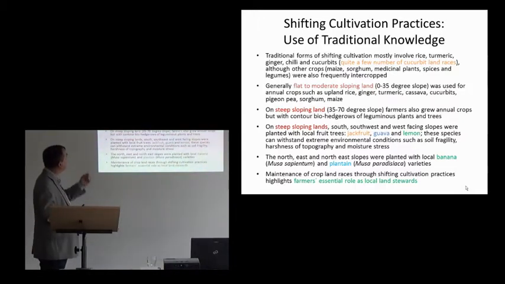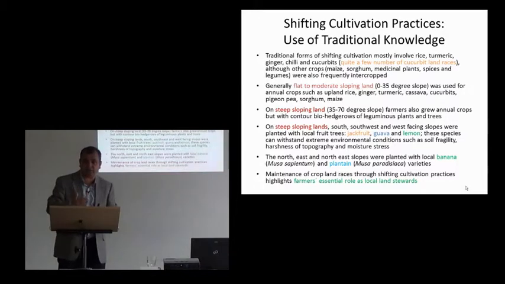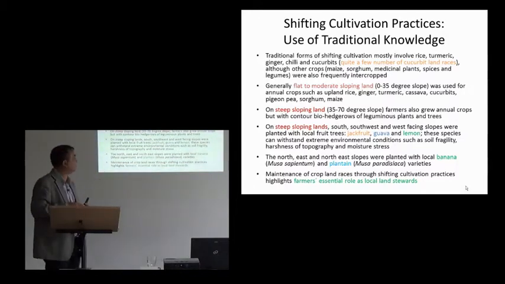For example, they also grow biohedgerows, the leguminous plants. They plant them in between contours of the hills. They plant the biohedgerows, biological hedgerows, consisting of leguminous plants. These leguminous plants fix biological nitrogen, so they enhance the fertility of the soil. So these are good. They also protect against soil erosion, and at the same time they enhance the fertility.